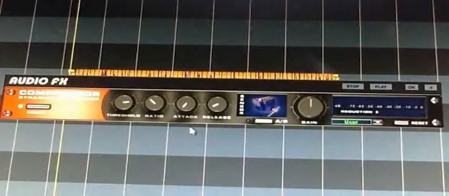A compressor basically does two things. It's divided into two segments, and the first segment analyzes the input signal, and this is called the side chain or the key section, and the other segment is a volume fader.